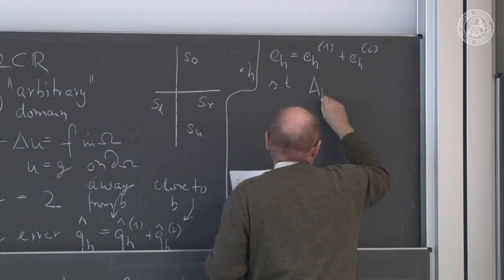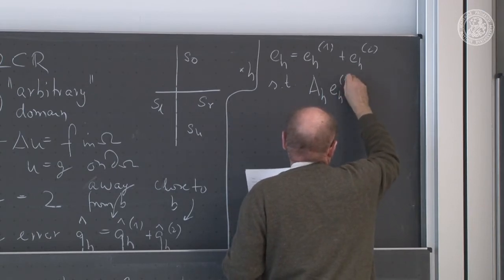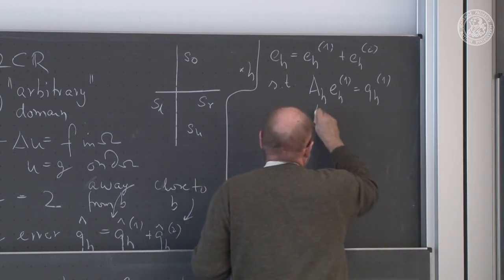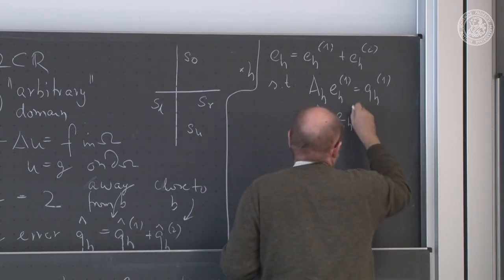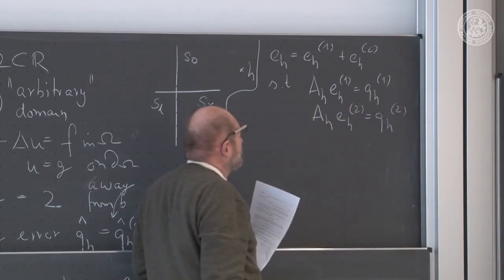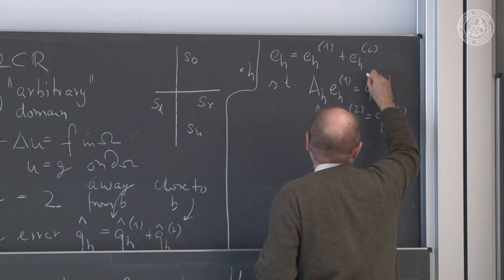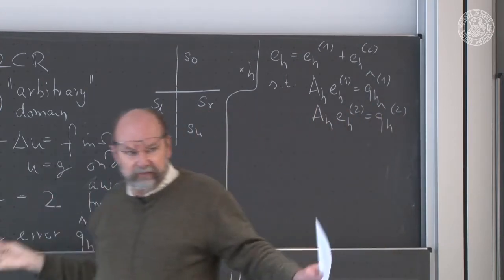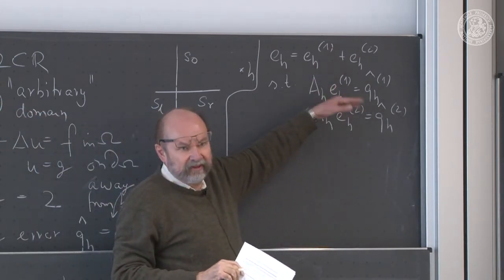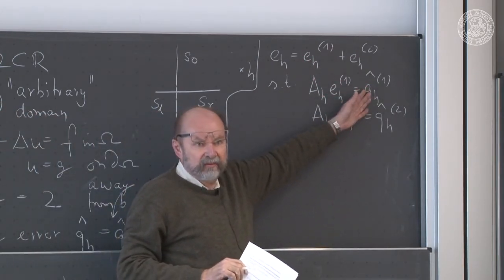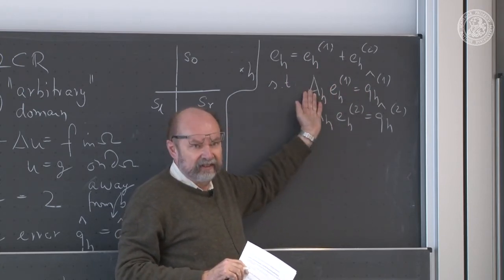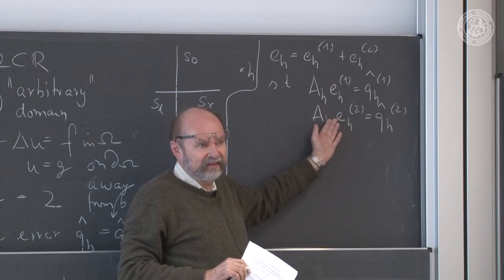By definition, the part 1 corresponds to the interior part of the consistency error, and the part 2 corresponds to the boundary part. So this one here is okay. Here we have an h square, we preserve this h square because of stability. This is the critical thing here.